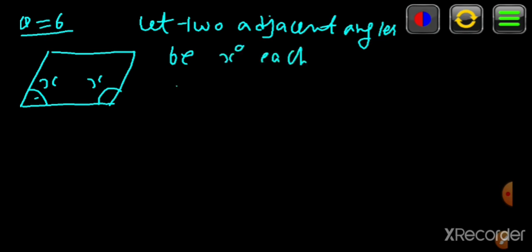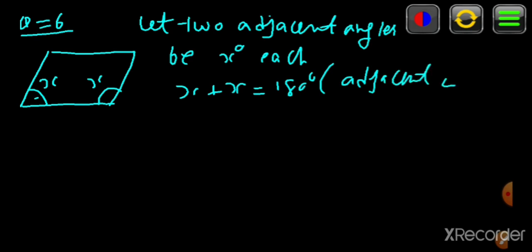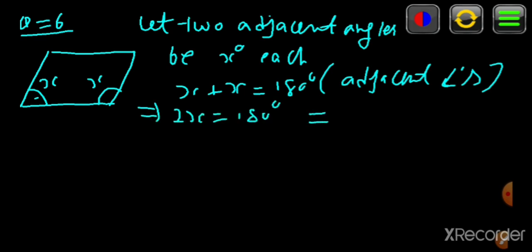Again the same property, x plus x is equals to 180 degree. Sum of adjacent angle. X plus x, 2x is equals to 180 degree. So x comes out to be 180 upon 2, that is equals to 90 degree. That means adjacent angle 90 degree.